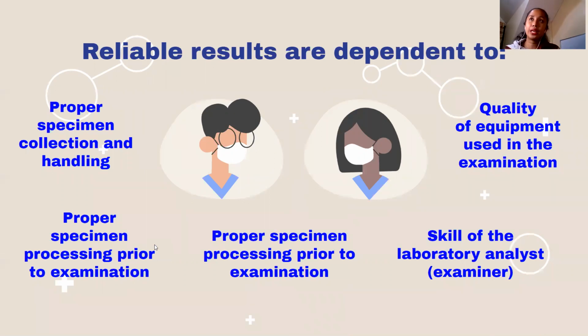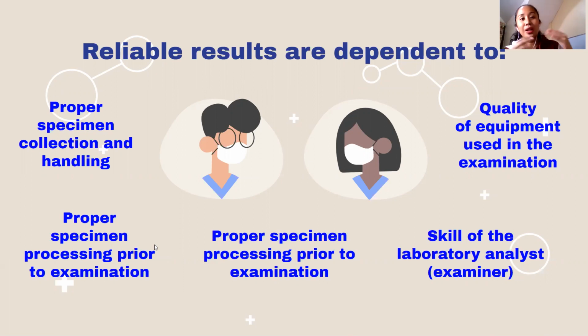So, I just want to emphasize that there are so many factors that affect our results. The activity that we do to make sure that our results are within the expectation of our clients, specifically the patients and the doctors, is a quality assurance program. So it's a whole new topic.